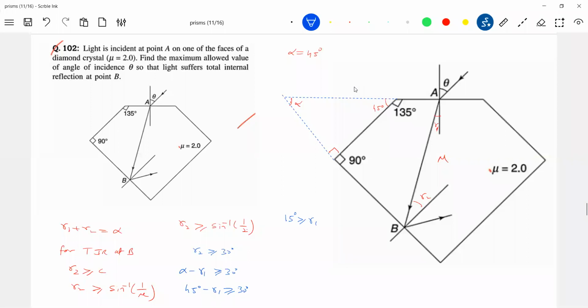Okay, R2 I should bring, no? So yeah, fine. So this will be sine of 15 degrees, sine R1. Sine 15 degrees, I'll keep it as it is. R1, I'll write it as alpha minus R2.